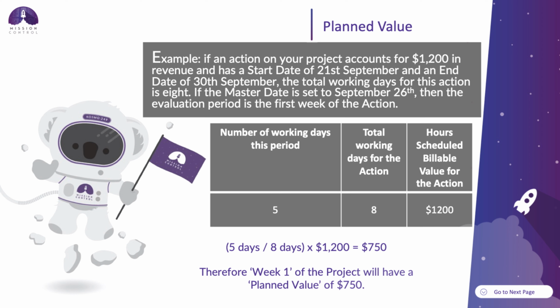This breaks down to 5 total working days this period, 8 total working days for the action, and $1,200 in scheduled billable value for the action. Therefore, in week 1, the project will have a planned value of $750.